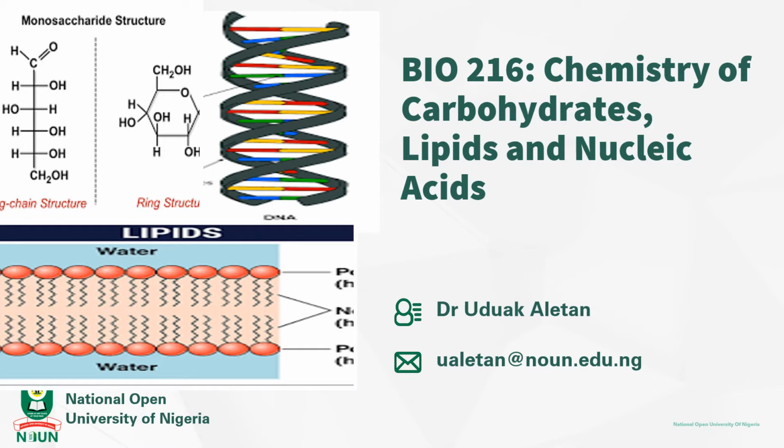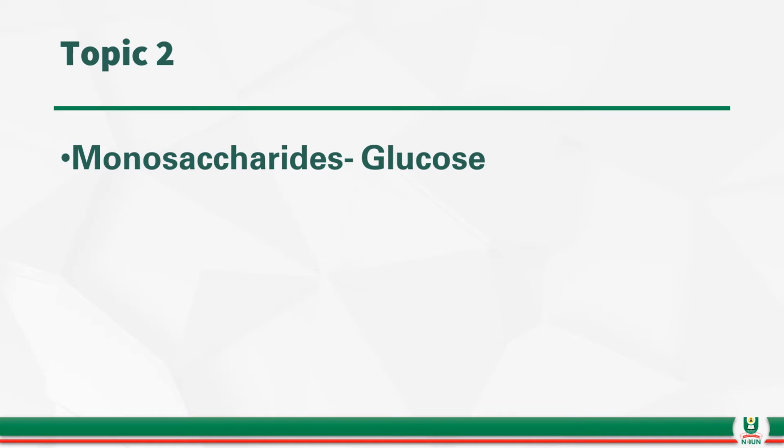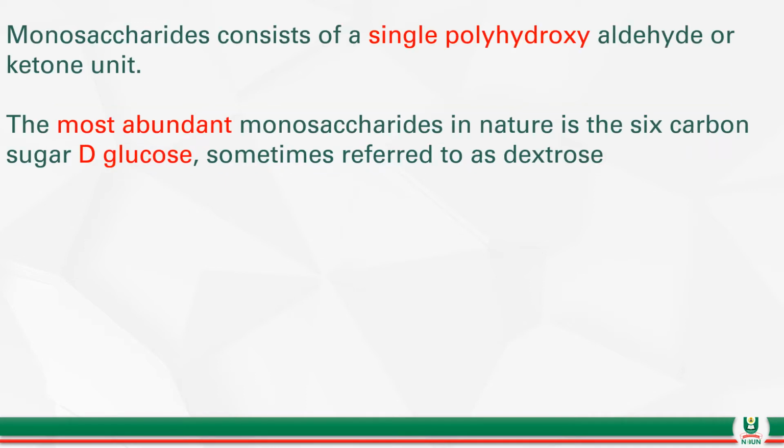So you are welcome again to BIO216. We are looking at the topic monosaccharides, and we'll concentrate on glucose. Monosaccharides consist of a single polyhydroxyaldehyde. If you remember when we defined carbohydrates, you met this term polyhydroxyaldehyde or ketones.